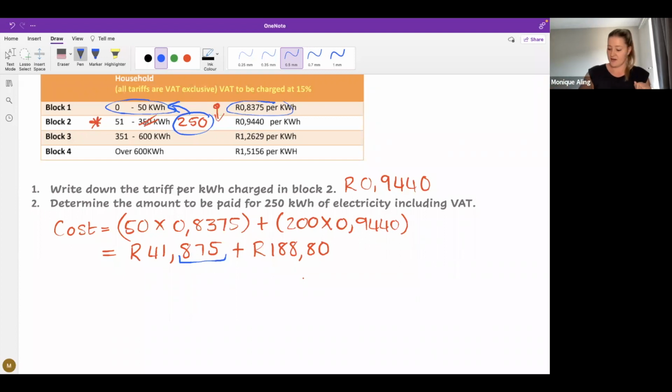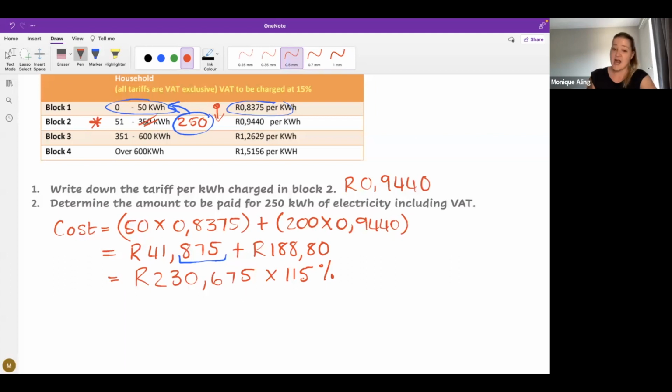Okay. When I add everything up, you end up with 230,675. We then need to add our VAT. So again, we did learn last week the various ways you can add your VAT.